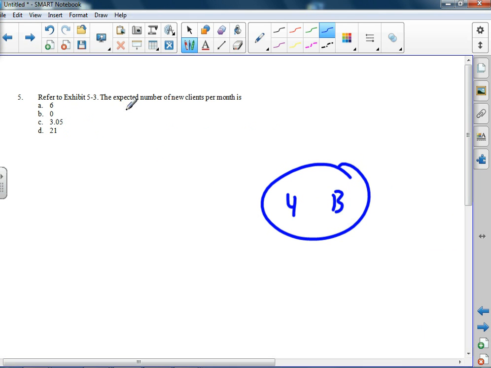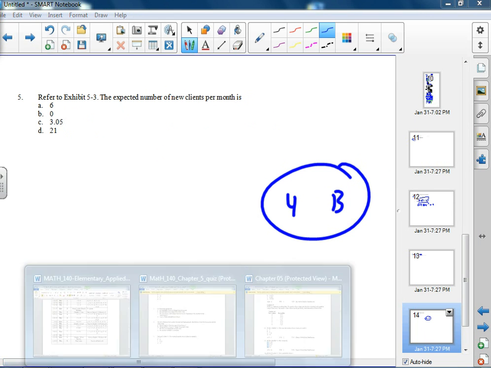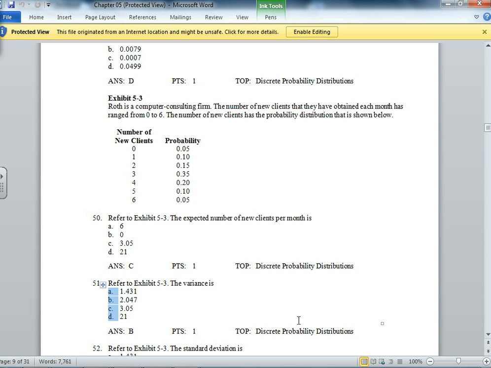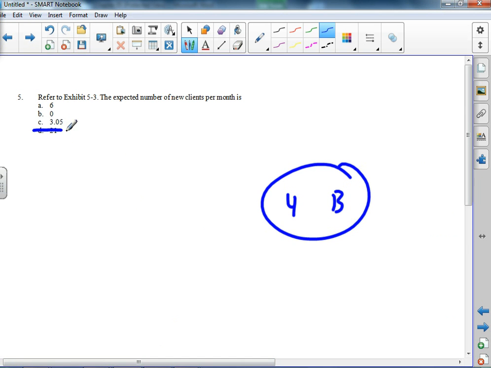Now, it says the expected number of new clients. And if I look at the probability, I see I can have as many as 6 new clients, right? So that means it can't be 21. It can't be 0 either. And it can't be 6.